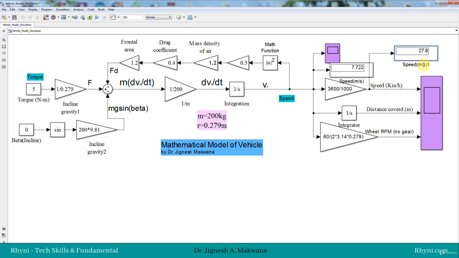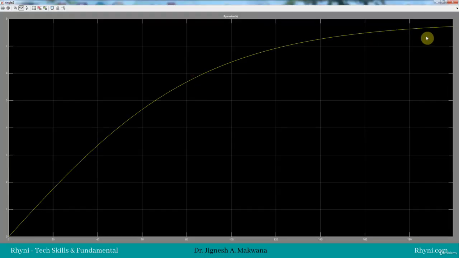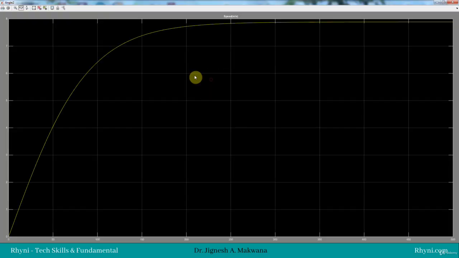So here I need to write kilometer per hour, and this is your meter per second. Let's observe whether it is steady state or not. You can say this is not steady state speed. So when we apply a small amount of torque, it takes more time. Let's increase it to 500, so we can have steady state speed. Now you can see it is steady state speed, so it is fine.